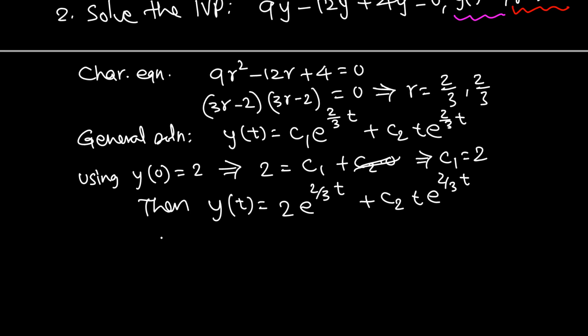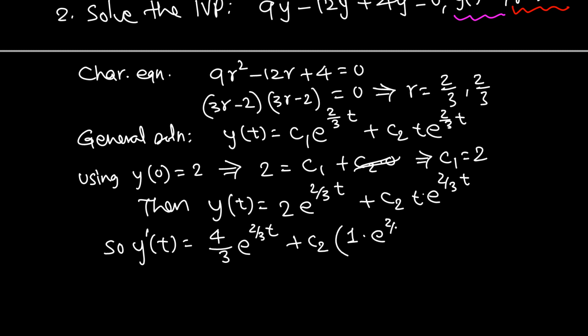So y prime: 2 times 2/3, so 4/3 e raised to 2/3 t, plus c2. We got a product of two functions, so product rule: derivative of t is 1 times the exponential, plus t times the derivative of the exponential, which is 2/3 e raised to 2/3 t. We don't have to distribute.